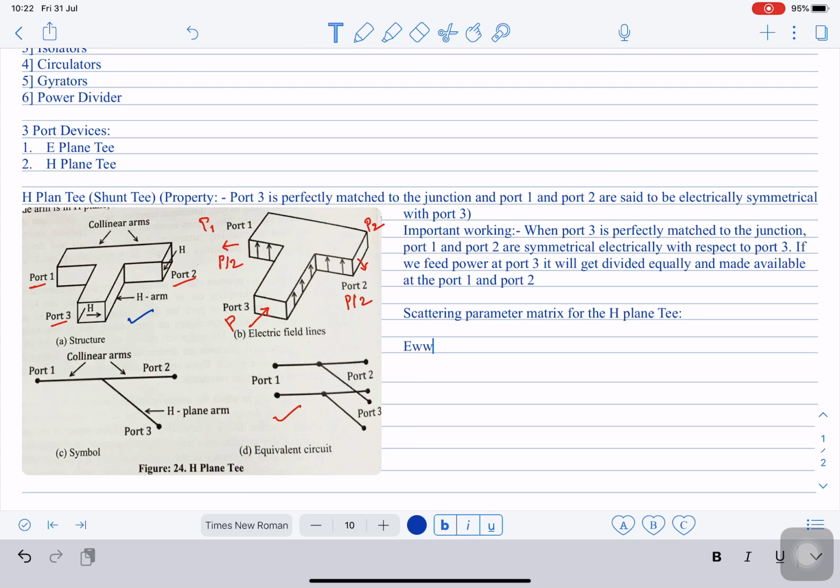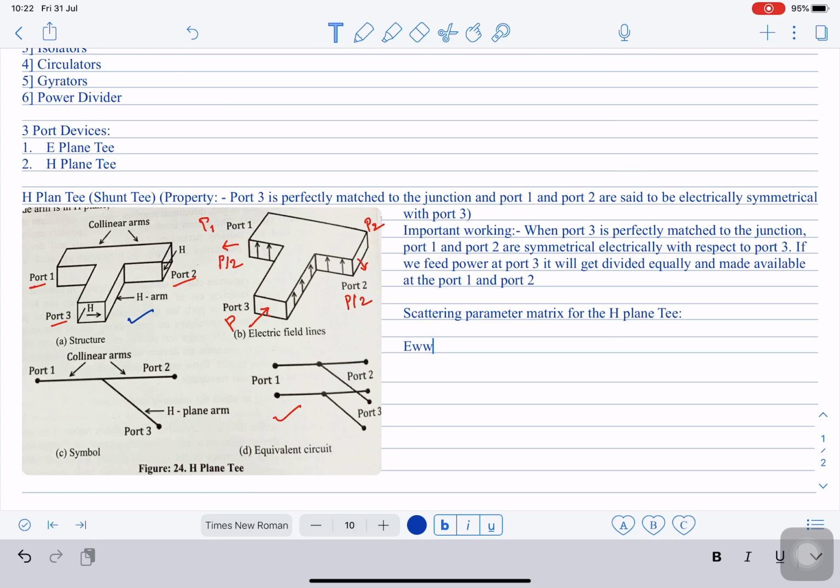Okay, and now I will select my pen and let us start deriving the scattering matrix for the H plane T. Okay, so here for a 3-port device, how is a scattering matrix given? The scattering matrix S is equal to, in terms of 3 by 3 order, as it consists of 3 ports, S11, S12, S13, right?